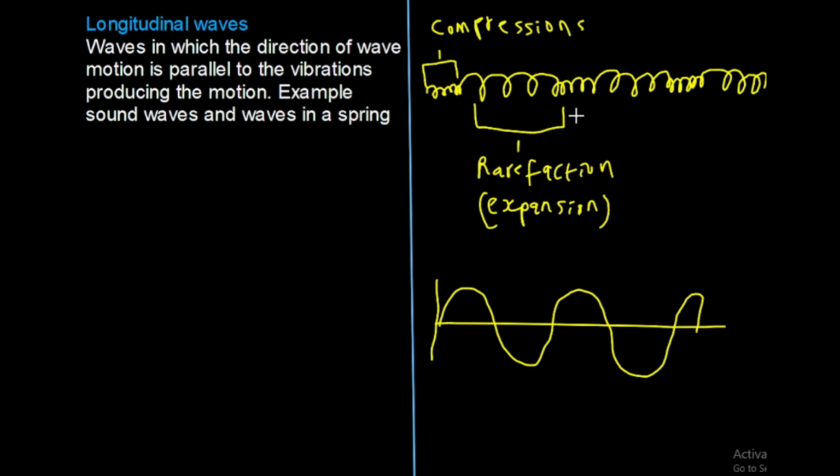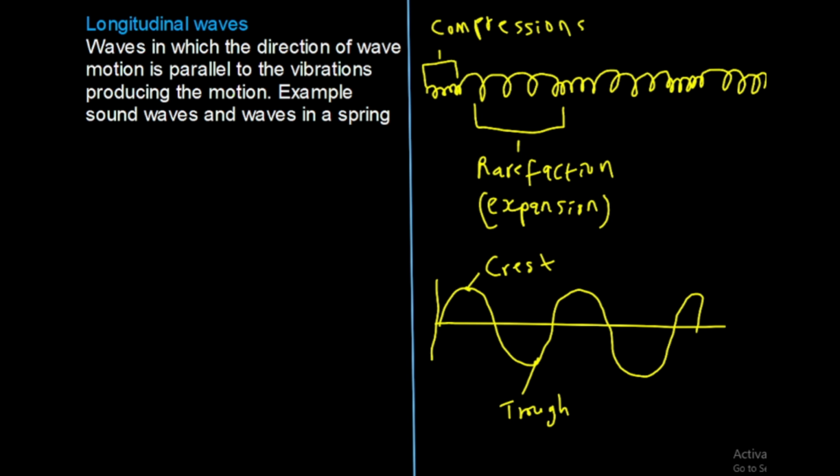Here we have an up and down motion, and in this up and down motion, the highest point attained is what we call the crest of the wave, and the minimum point attained is what we call the trough. So have this at the back of your mind: we have crest and trough. Transverse waves give rise to crest and trough, whereas in a longitudinal wave we have adjacent compressions and rarefactions.